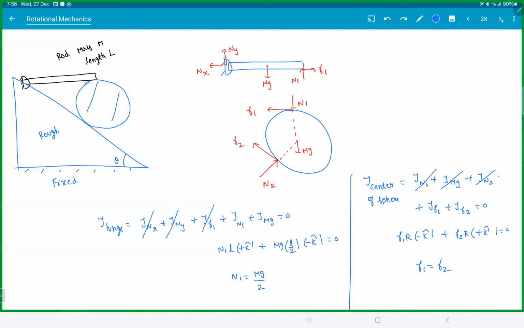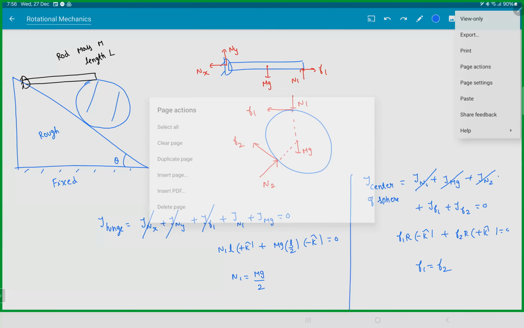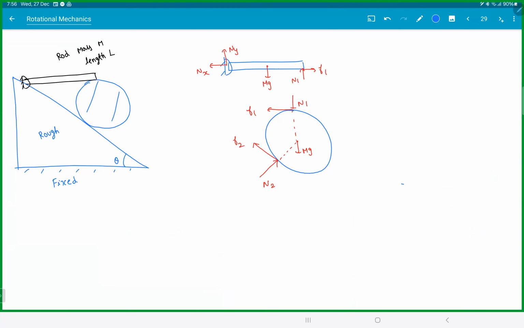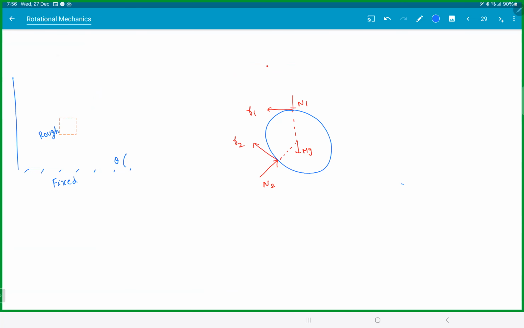Three mg by 2 sine theta. Let me get the distances.